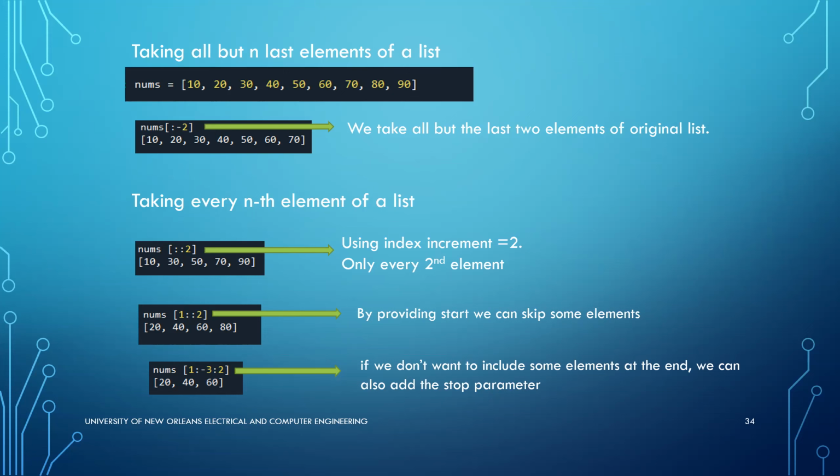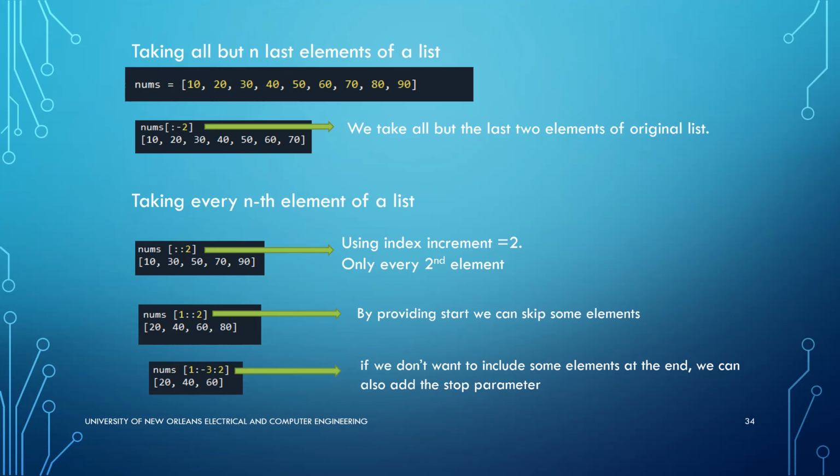Another way, let's say that we don't want to include some elements at the end, we can add the stop parameter, right? So in this case, we have all of the parameters here. We have a start index, we have a stop index, and we have an increment, right? So again, we're going to start at index 1. Index 1 contains 20.